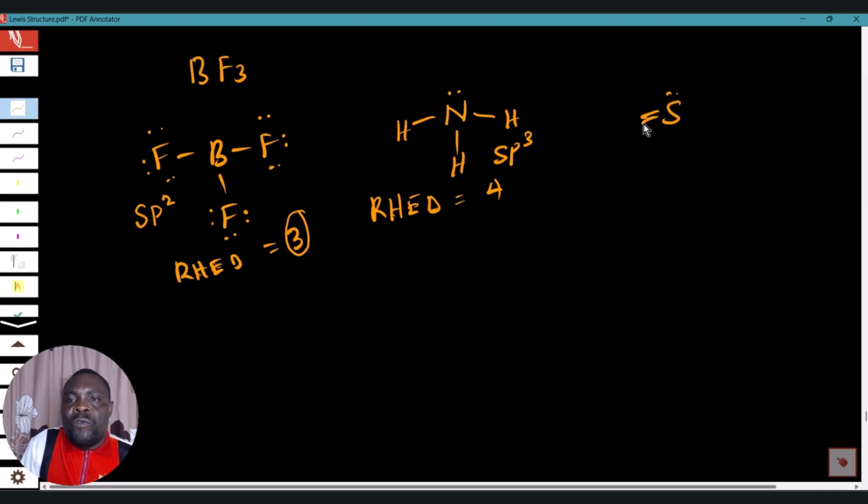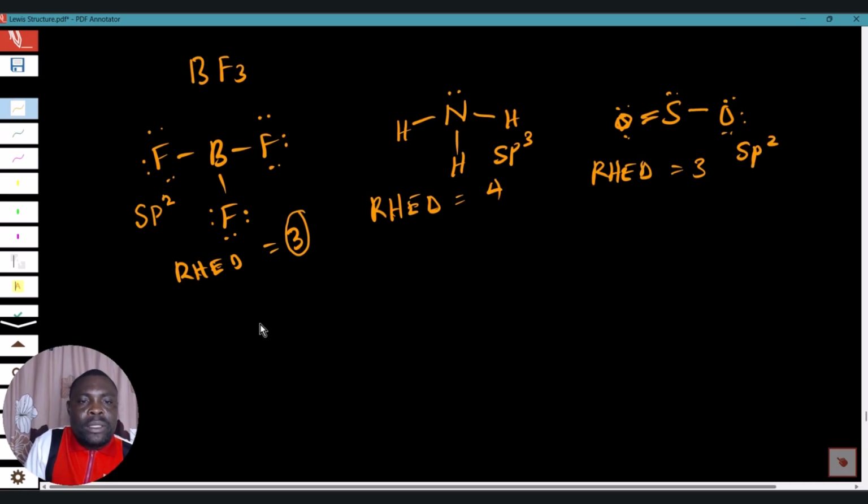Now, if I consider sulfur trioxide, the region of high electron density is what? Is 3. Now, because it's 3, the hybridization will be sp2 hybridized.